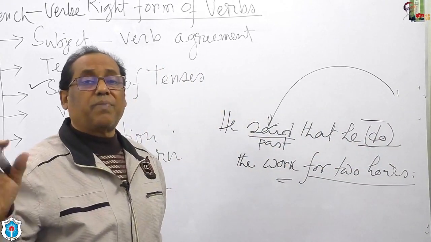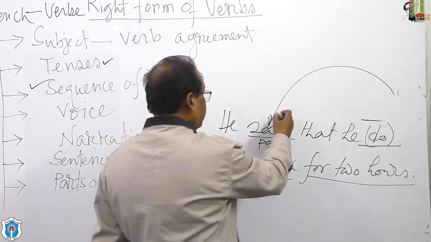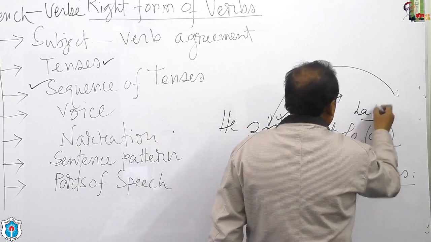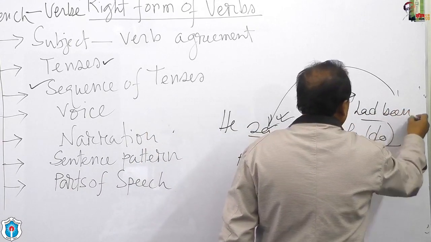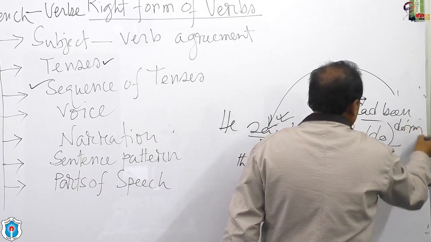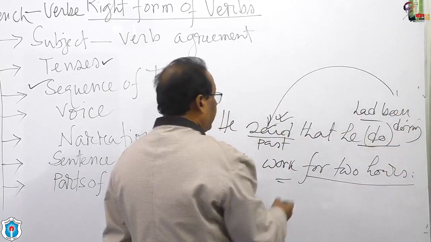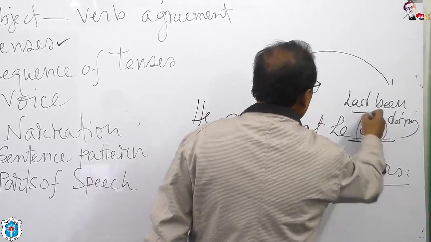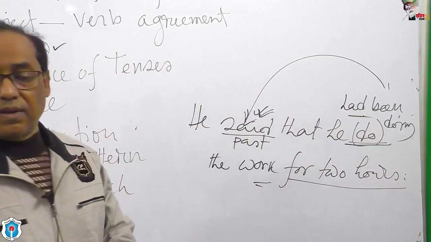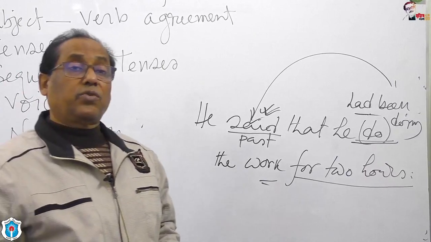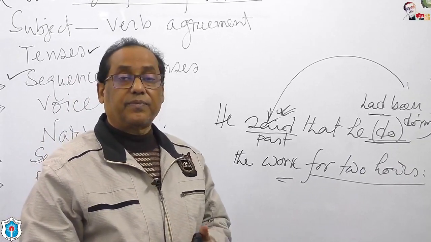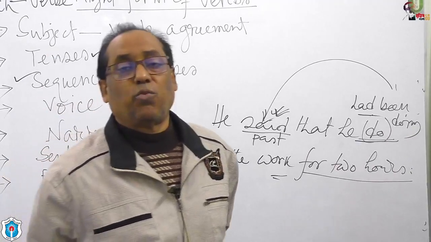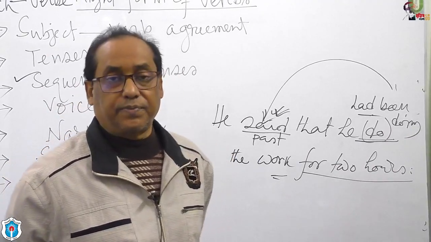So it means perfect continuous. As it is said, it is past perfect continuous. He had been doing. Okay. So there is a relation between the tense of said and the tense of do here. So if you don't know the rules of the sequence of tenses, you can't do well in right form of verbs.